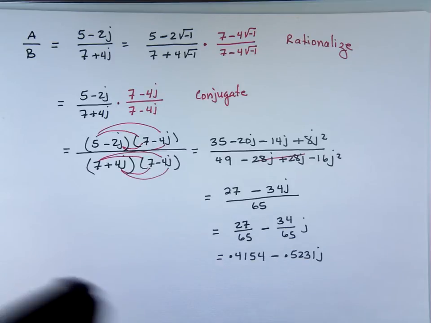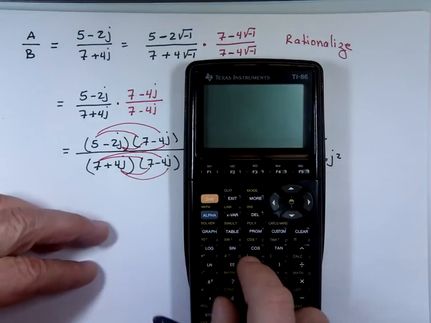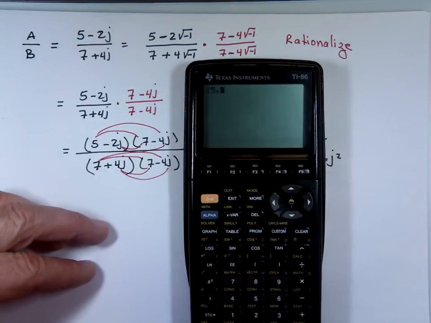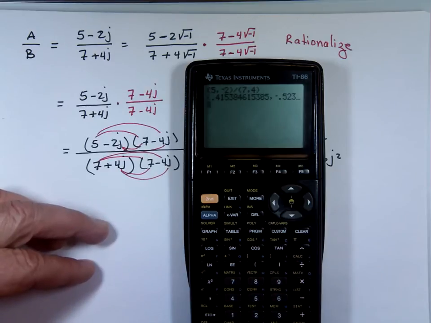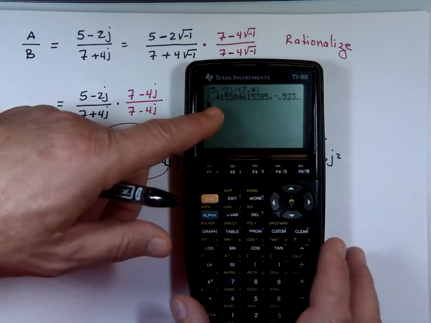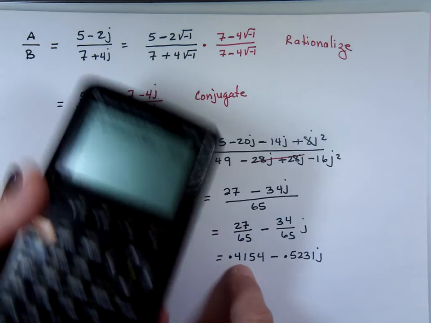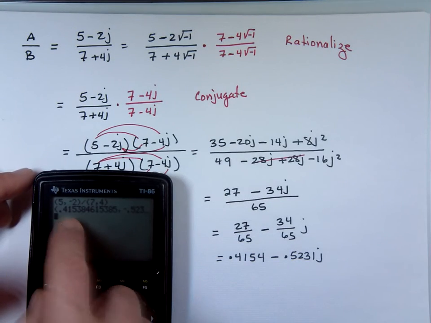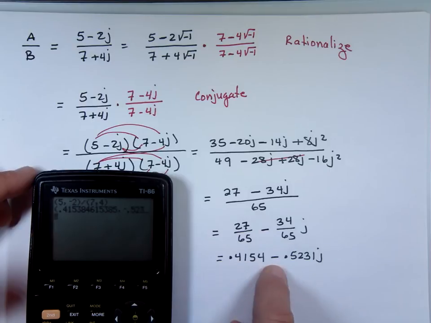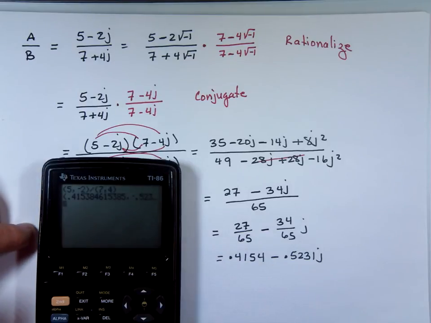Let's see if my calculator gives me the same answer. Here we go. 5 comma negative 2 divided by 7 comma 4. 0.4154. Is that what we got? Notice 0.4154 minus 0.5231j.